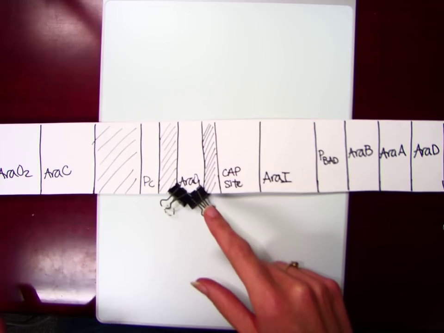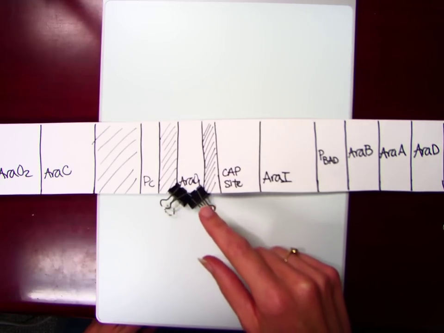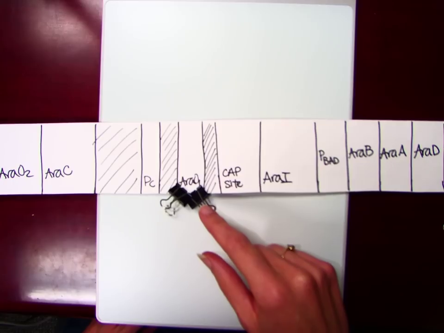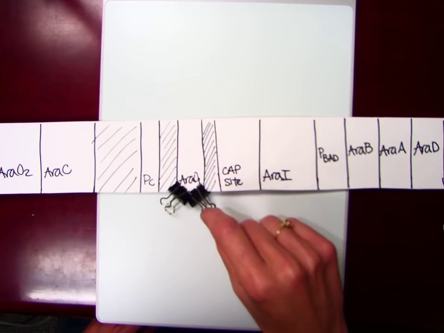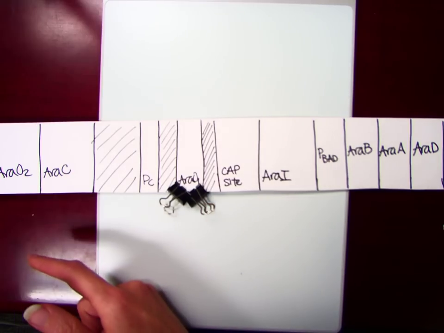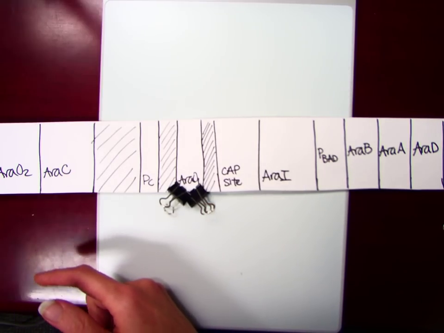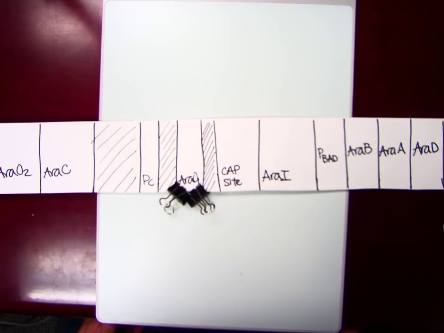I'm using binder clips as the ARAC. I've shown that the ARAC is bound here at the ARA01 operator, and when there's a homodimer bound here, it prevents additional production of the ARAC protein. So it regulates itself in addition to regulating the Arabinose operon.